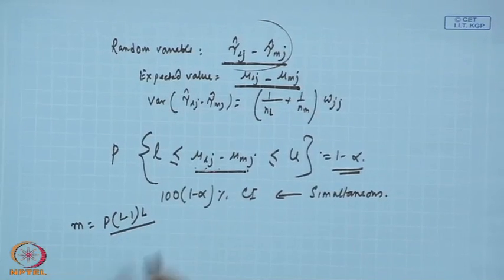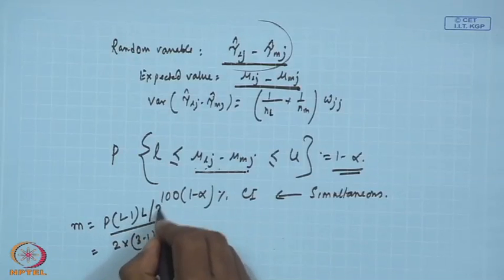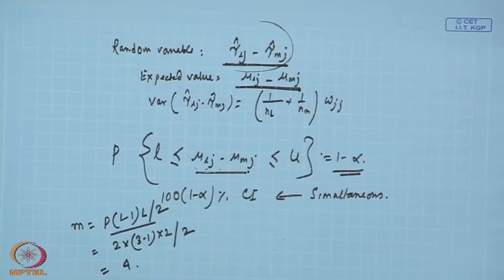In our case, p equal to 2, L minus 1 will be 3 minus 1, into 2 divided by 2. So, it is 4, p is 2, 3 minus 1 is 2.